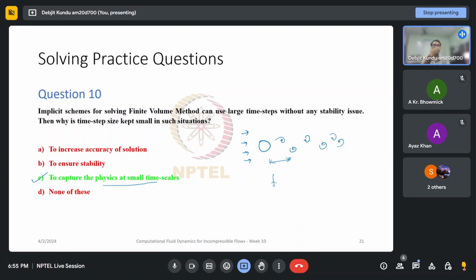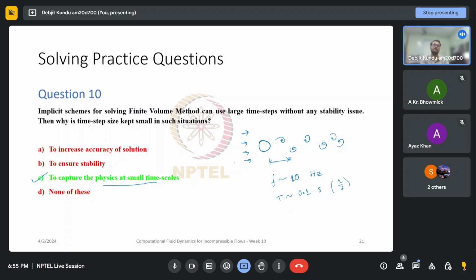So let's say that frequency is, say, 10 hertz, for example. So 10 hertz means the time period of it would be of the order of 0.1 seconds, right? The time period is proportional to 1 by f.